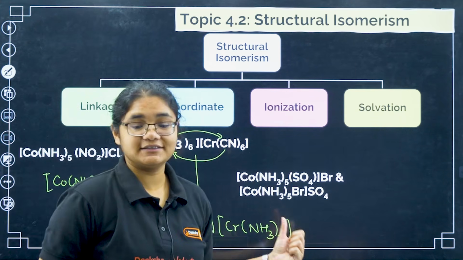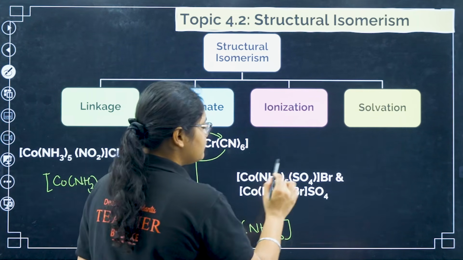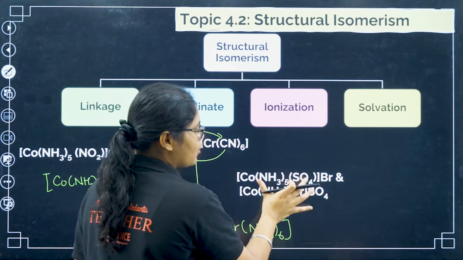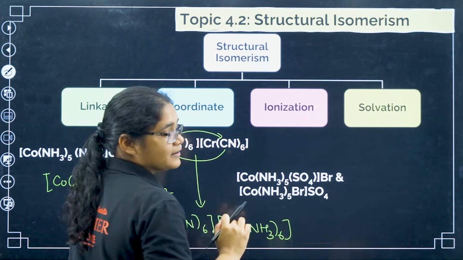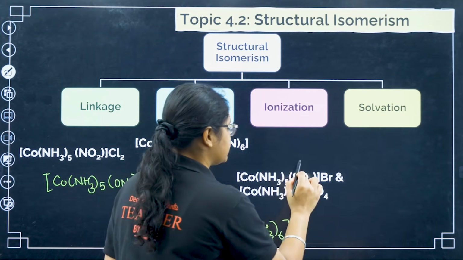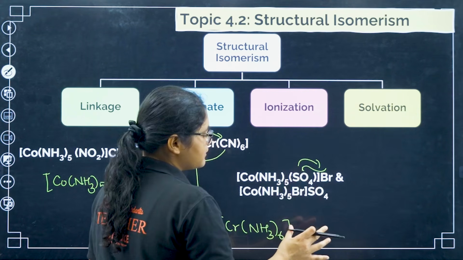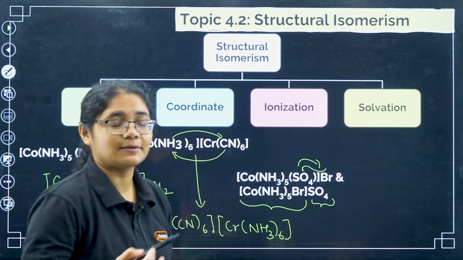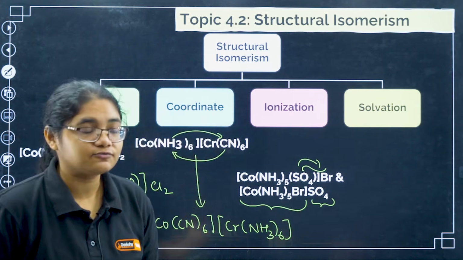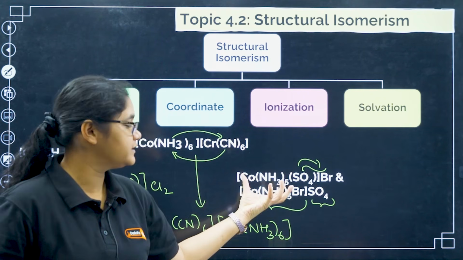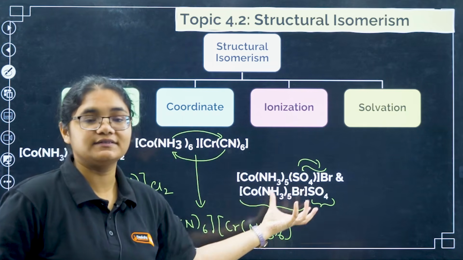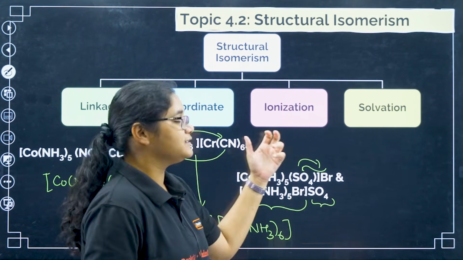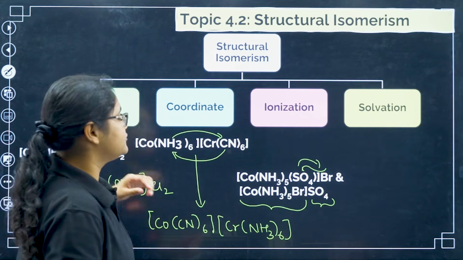Now what is ionization isomerism? When you dissolve this one in water, what ions will you get? This whole complex will be one ion and Br minus will be another ion. If I exchange this one and put it in water, we'll get this whole compound as one ion and SO4 as a separate ion. So the ions that are formed when you put these compounds in water are different. In that case, it is called ionization isomerism.